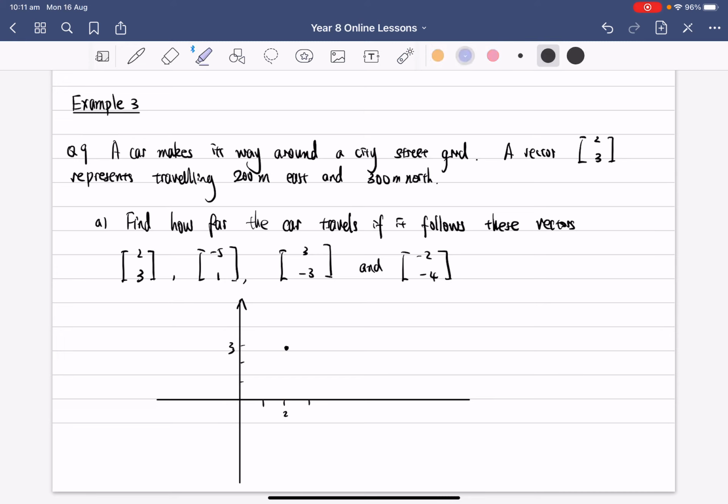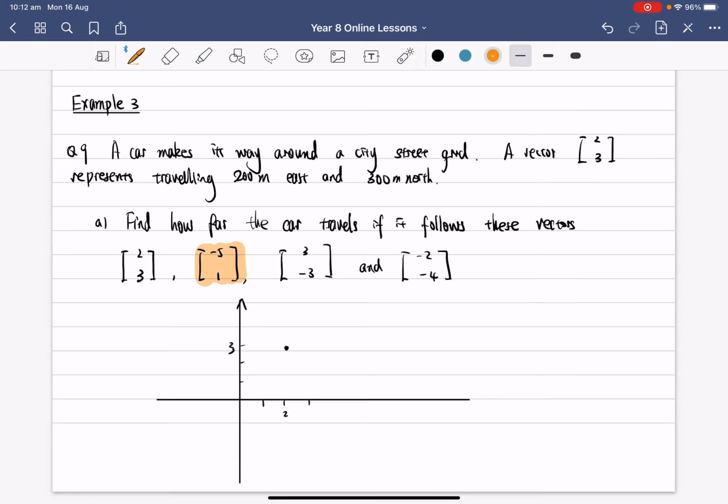Then the first thing we'll do is label this point here, using a different color. Now the car is traveling -5, which means 5 units or 500 meters to the left. So that's 100 meters, 200 meters, 3, 4, and 5.